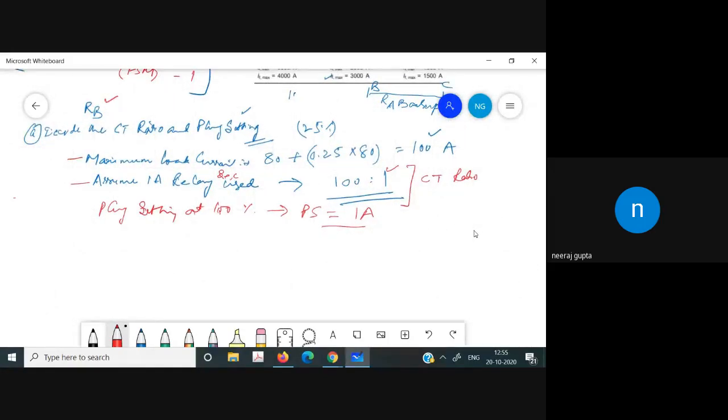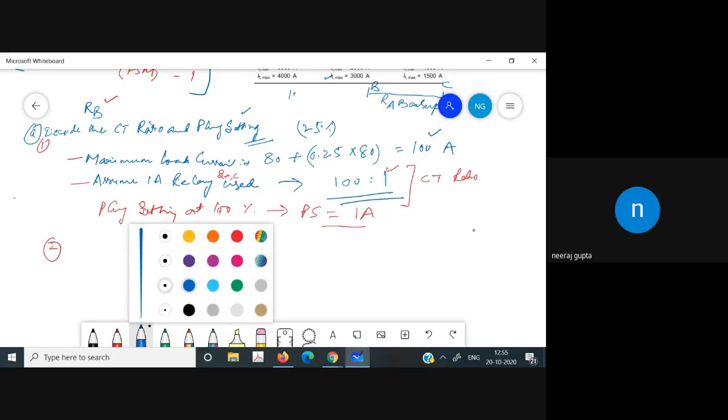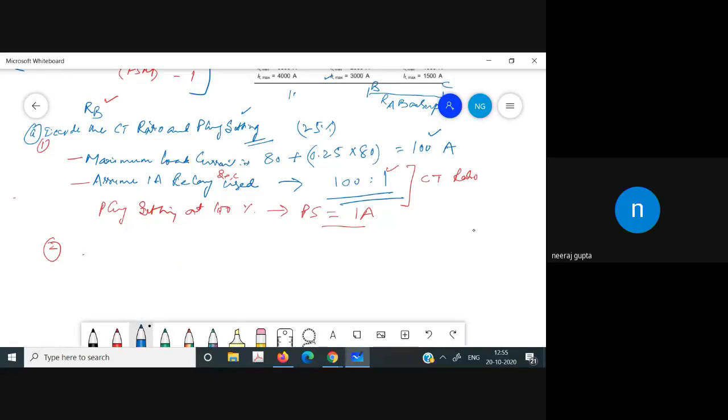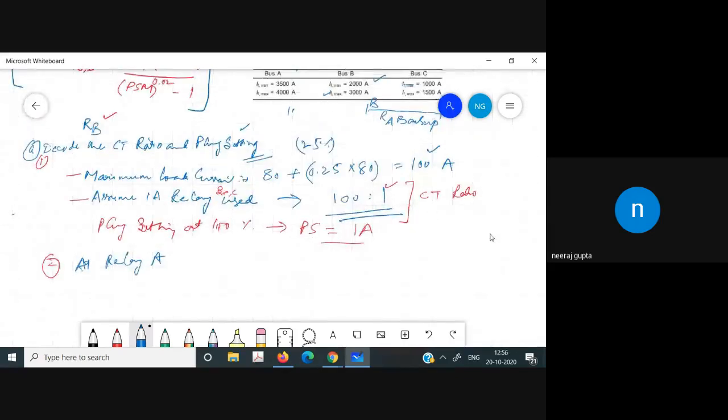Now, for relay A, we have to do the setting. At relay A, what is the total current to be taken into consideration?